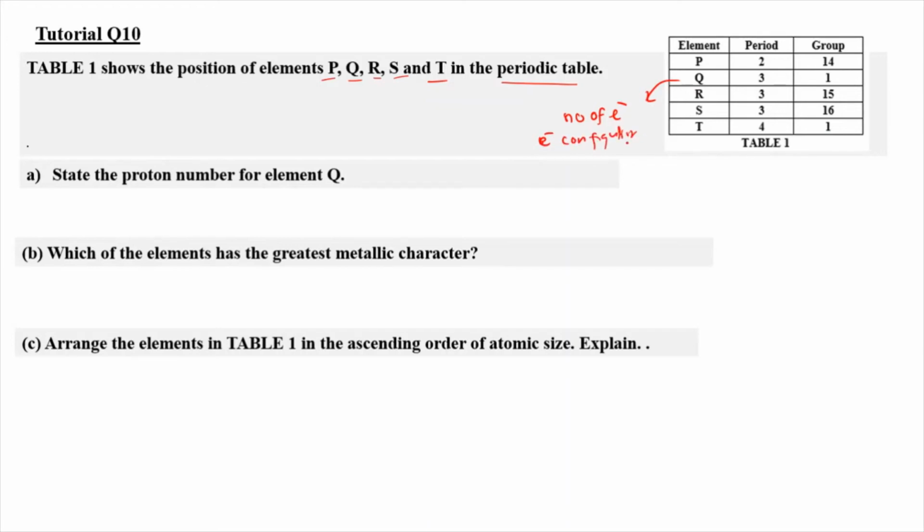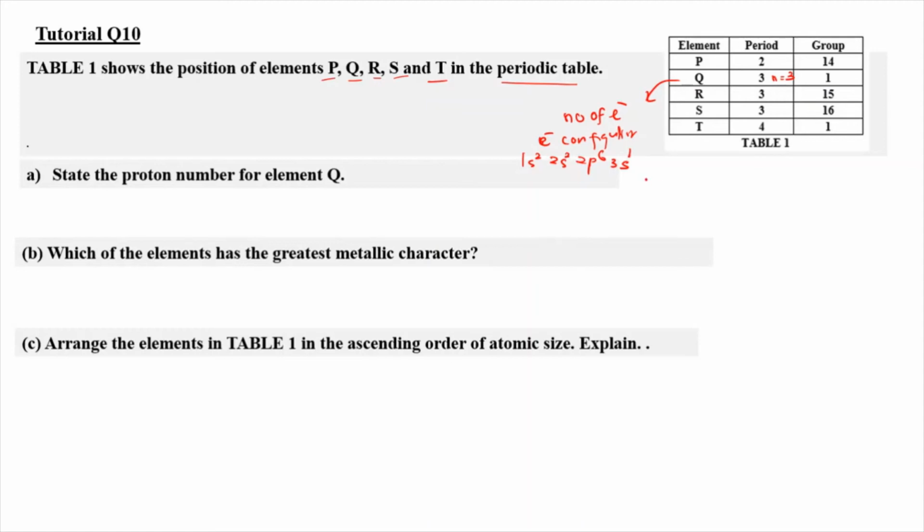From here, you know that it is in period 3, so your n here should stop at 3. When we write out the electronic configuration, we get 1s2, 2s2, 2p6, 3s, and because it is in group 1, it stops at 1, so 3s1 here.